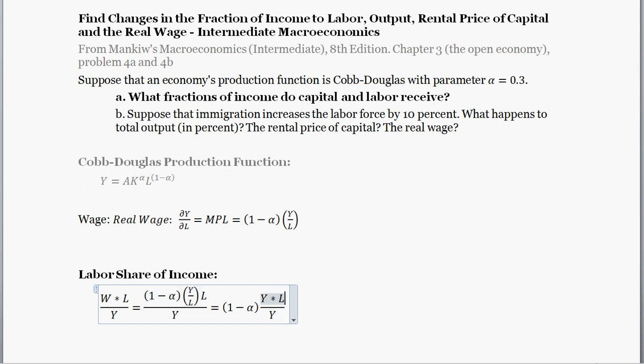I'm just doing algebra right now. And then L is in the denominator inside the parentheses here, so L goes down. So these two cancel out nice and cleanly, and all we're left with is 1 minus alpha. So the labor share of income, which is defined by this little equation, is going to be equal to 1 minus alpha.